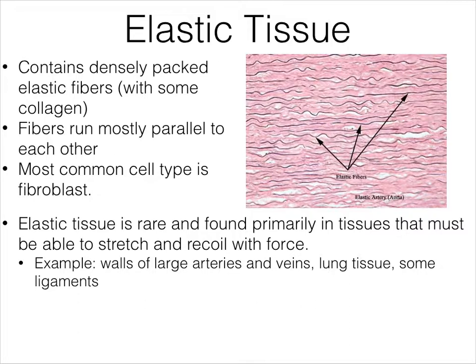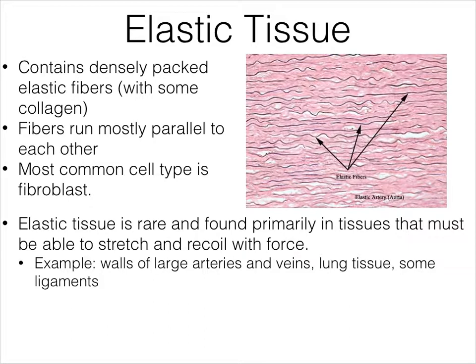You can recognize it by these thick pink fibers here. Those are collagen, but you see lots of these thinner, darker, squiggly fibers. They're not quite as net-like as the reticular fibers, but these dark, squiggly fibers are elastic fibers.